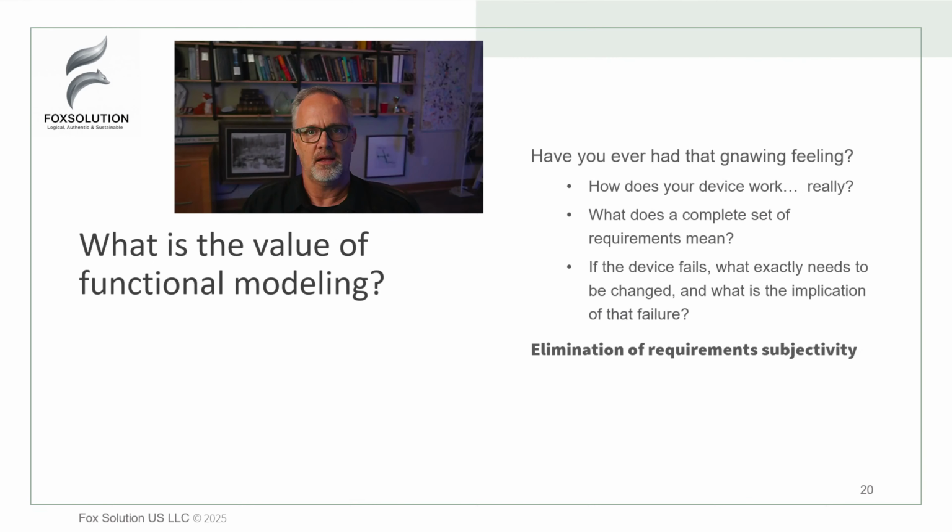If we don't really understand how the functions and the different components of the system interrelate with all of the different activities that are going on with the device, when we make a change to a function or an outflow, we might miss the fact that it serves more than one functional chain, which serves more than one user need, which might mitigate more than one risk. So we really need to understand this better, so that as we do our analysis of these different requirements and the problems we've identified in the field, we understand the implication of it and we can make a change that doesn't break the system. And this elimination of requirement subjectivity, I think, is really important.